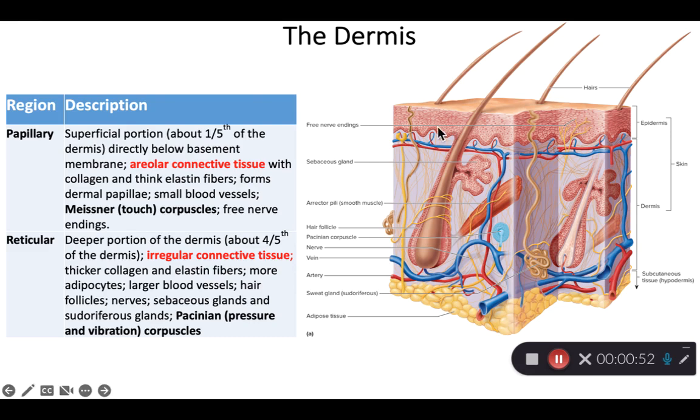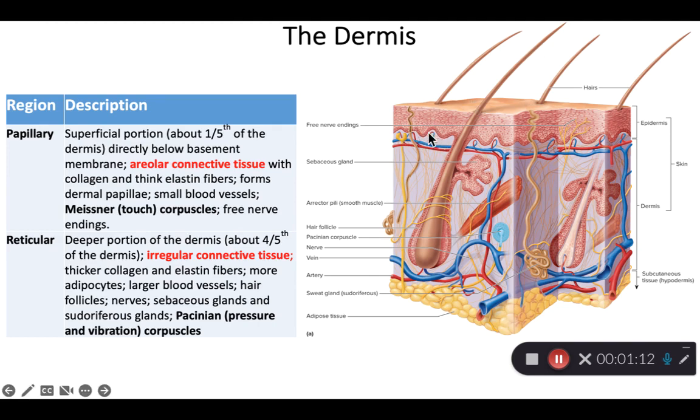We take that dermis and we're going to divide it into two regions. The more superficial region, so that means it's going to be up here close to the epidermis, is known as the papillary region. And papillary is in reference to these little waves here.